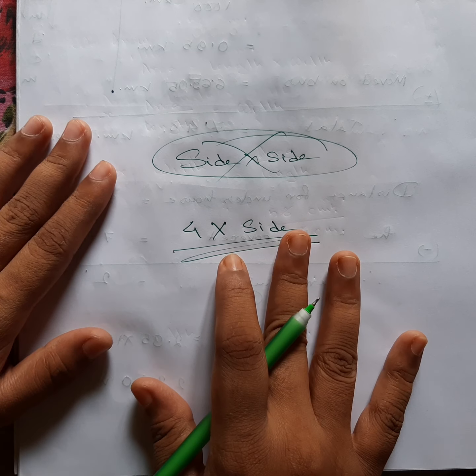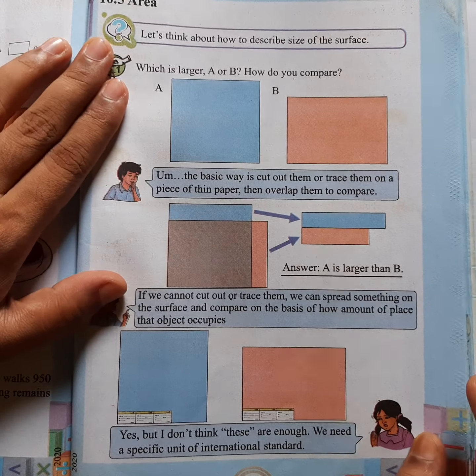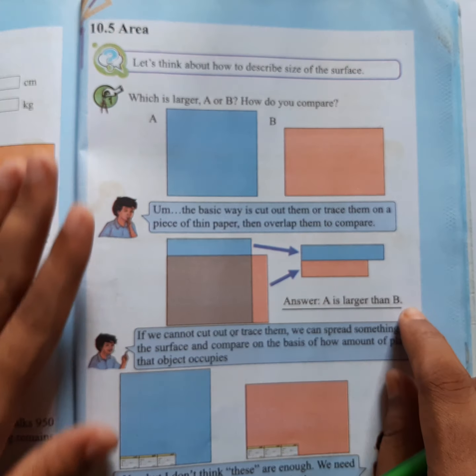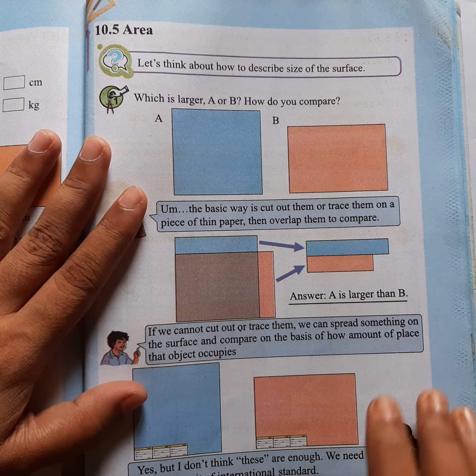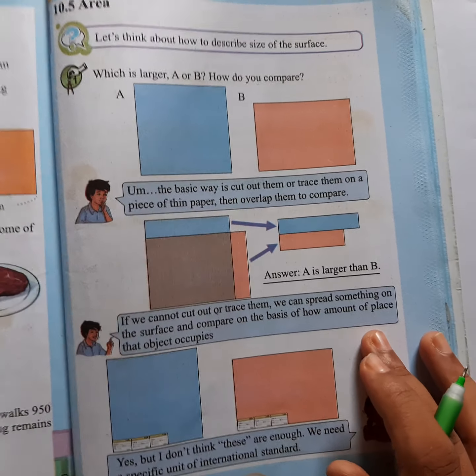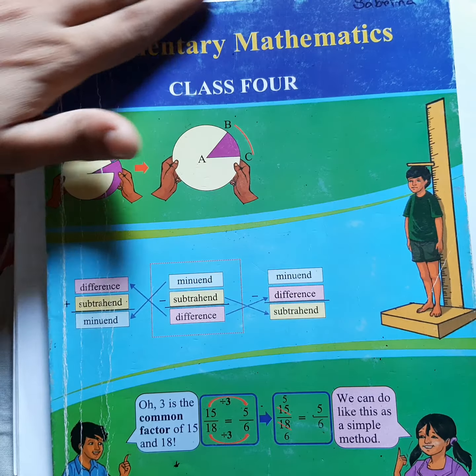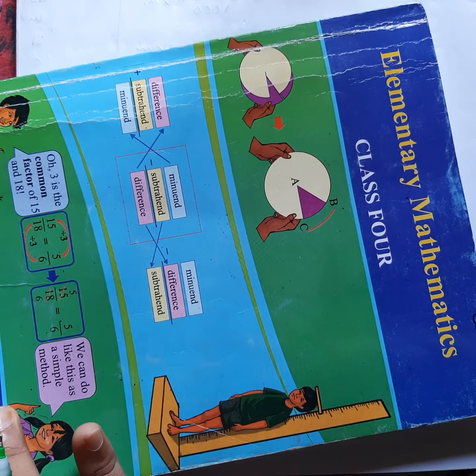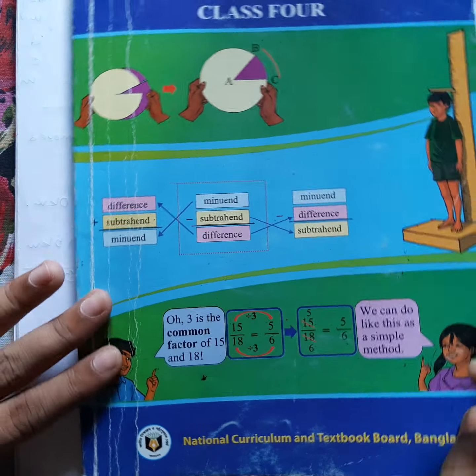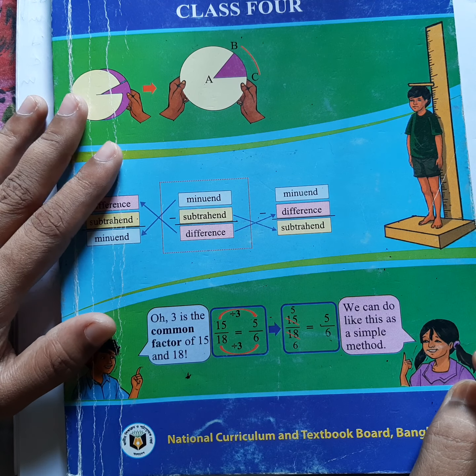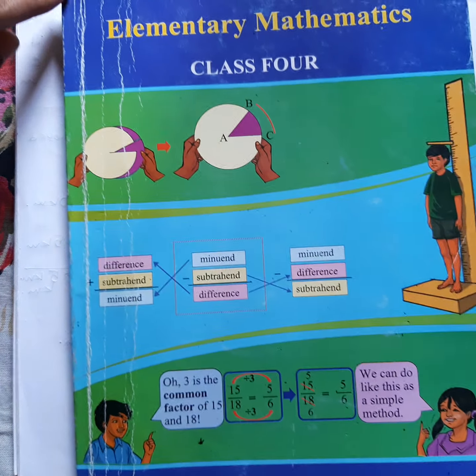Okay, that is all. And now we are going to start our actual topic, which is area. We are going to talk about area today. What is area? The surface of any object, suppose this book's surface, that is the area of the object.